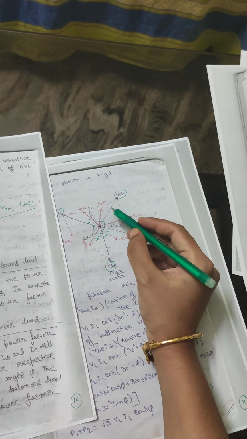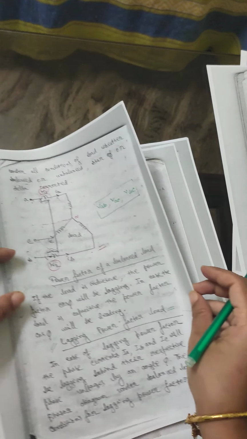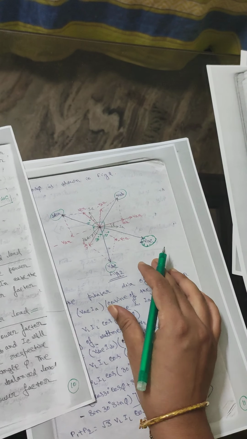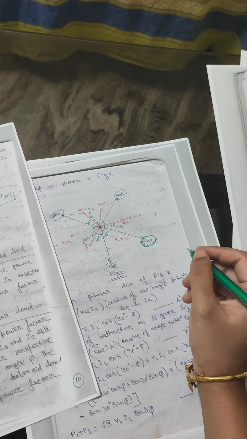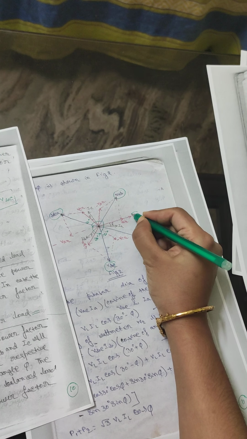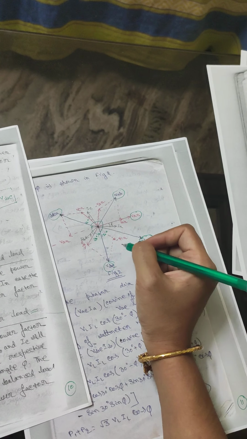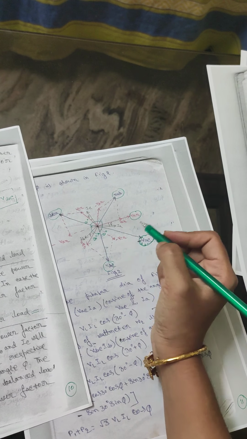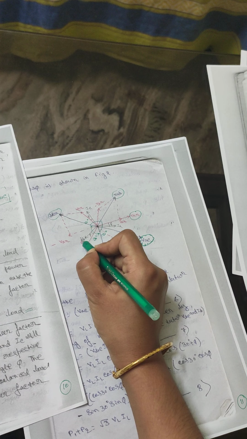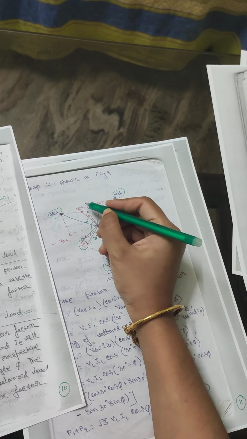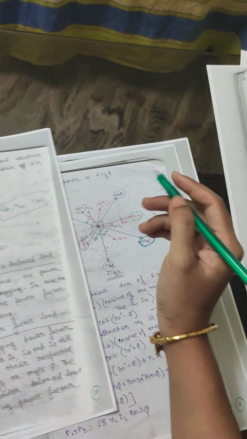After that, if we draw the phase voltages from that circuit, if this one is the neutral, the phase voltages are here VAN, VBN, and another one is VCN.